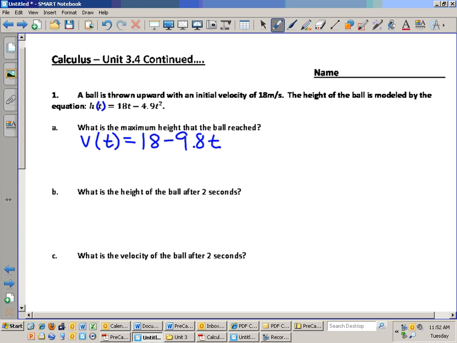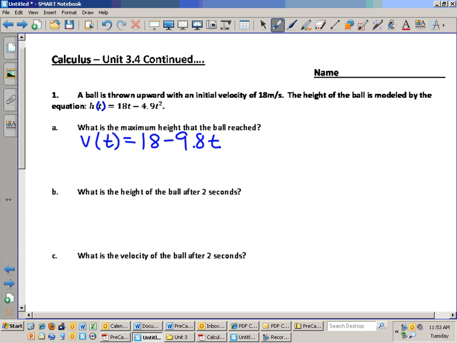When in doubt, take the derivative. Derivatives identify the rate of change, and we are wondering when the rate of change is exactly 0. So we take the derivative and set it equal to 0. The rate of change, the velocity, is equal to 0 when it changes direction.